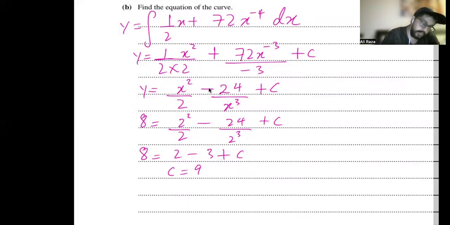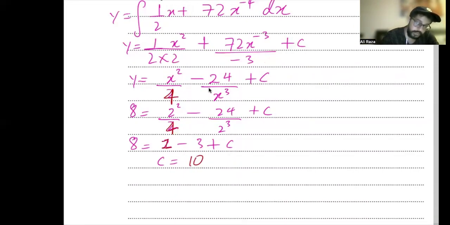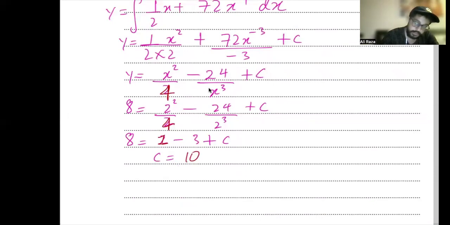It should be 1 upon 4. C comes out to be 10. So the equation would be y equals x squared upon 4 minus 24 upon x cubed plus 10.